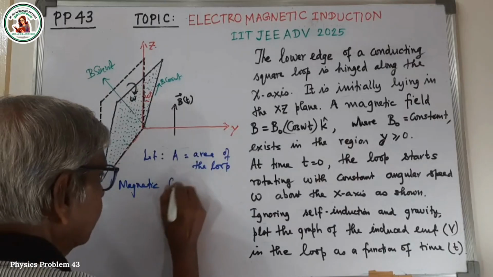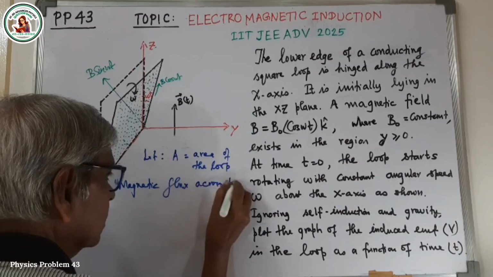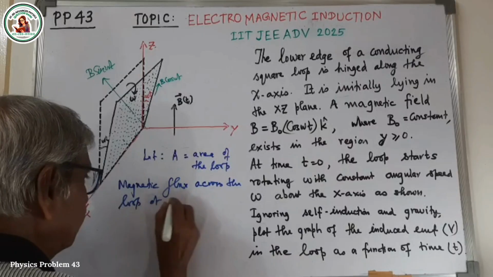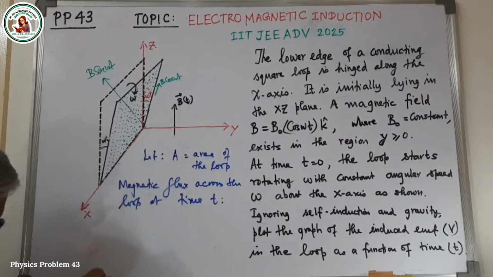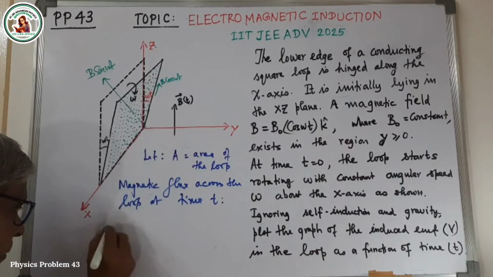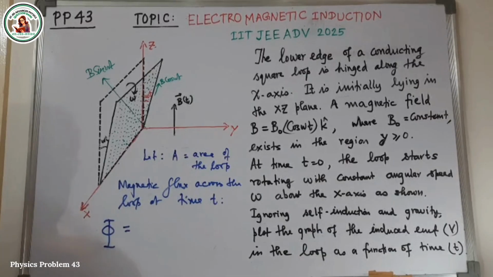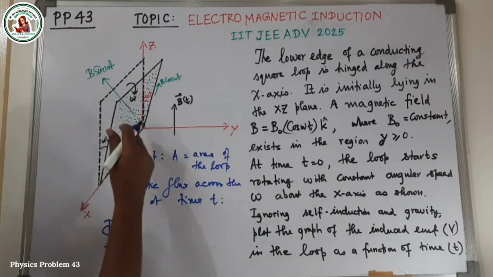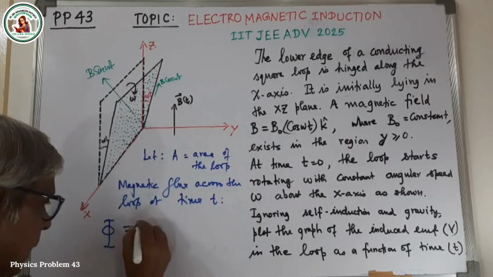We call the magnetic flux phi, which is equal to the area times the magnetic field normal to the loop. So area is A.